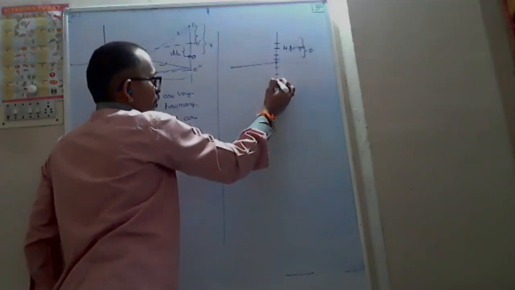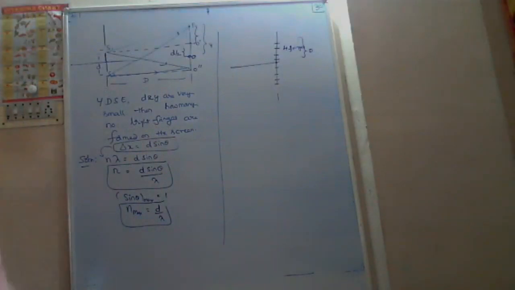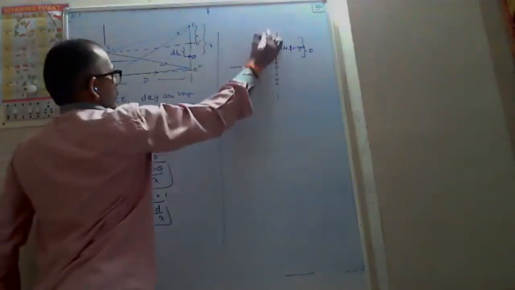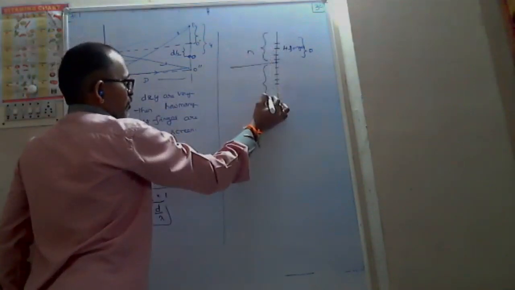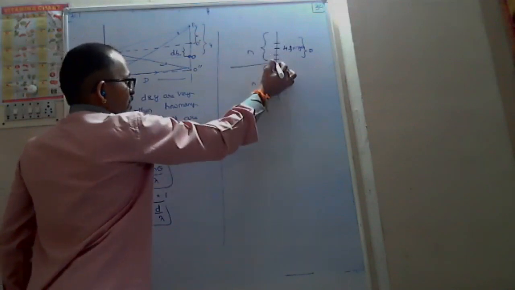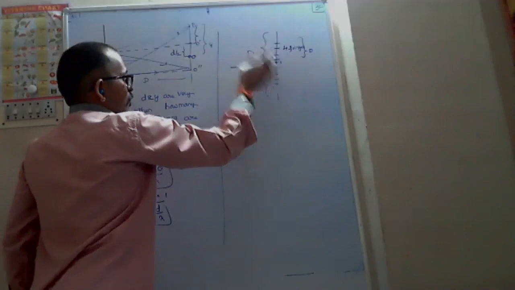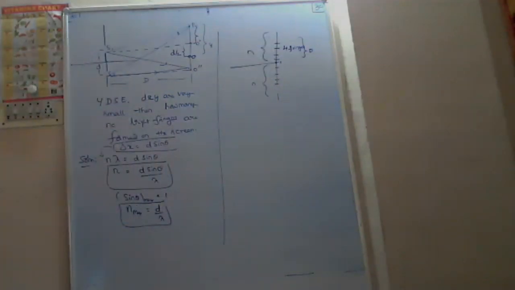Totally, how many are you getting? 9. Use the same logic: you found n above, so the same n will be below, and 1 at the center. 2n plus 1. So this is the answer.